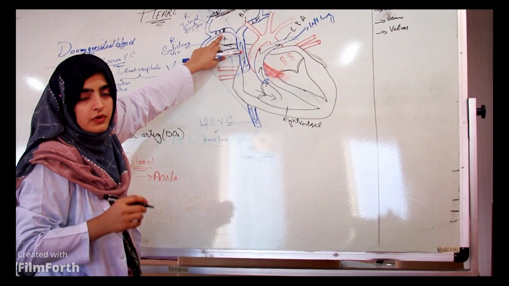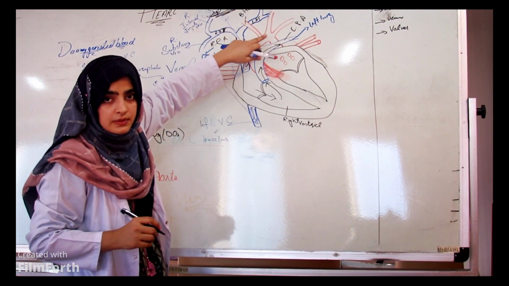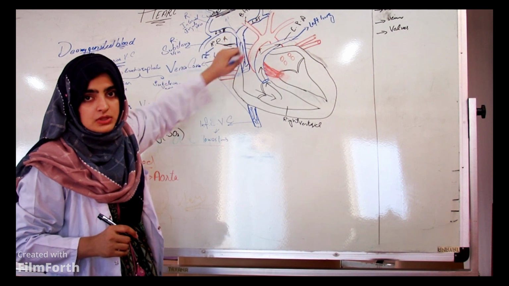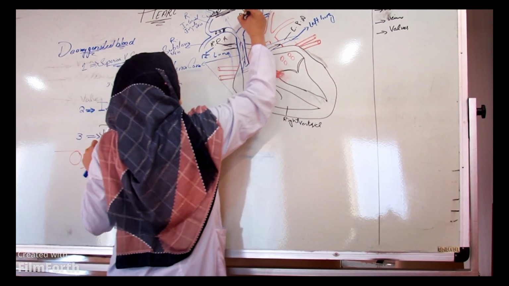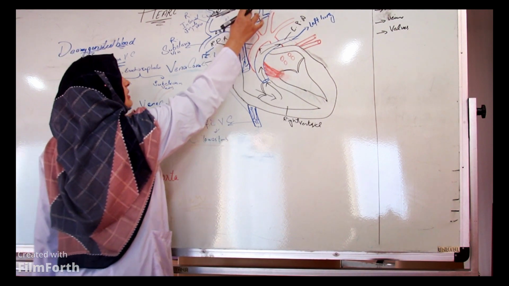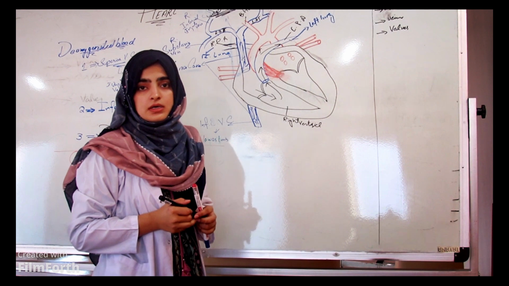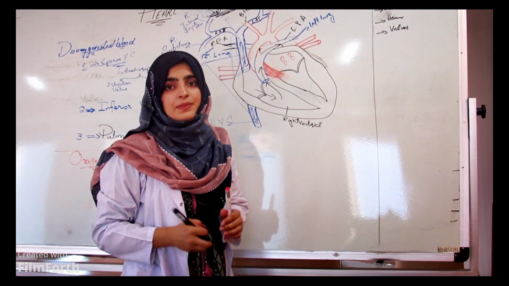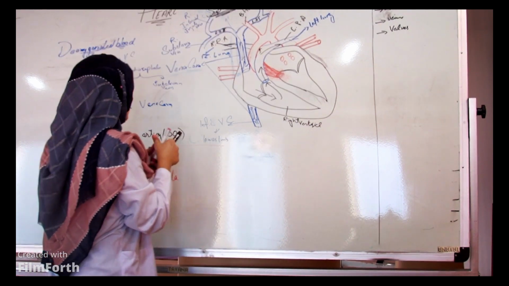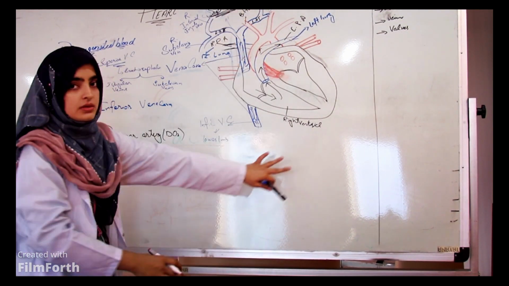Brachiocephalic veins form the superior vena cava, and the brachiocephalic artery combines with the aorta. Like in the venous system, the brachiocephalic artery is also a combination of two types of arteries, the carotid artery and the subclavian artery. I'll show it later here.